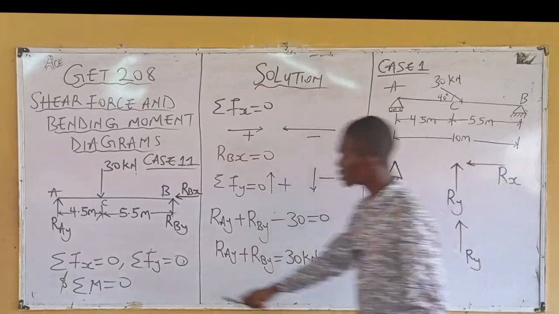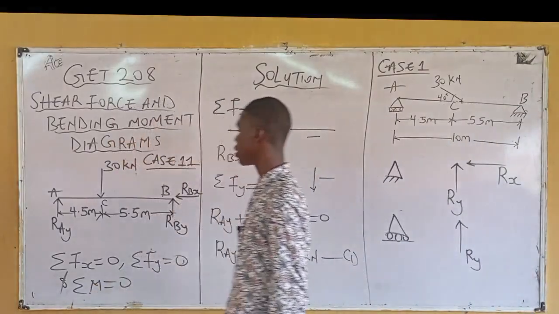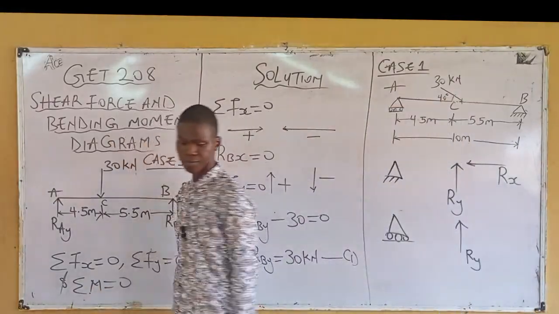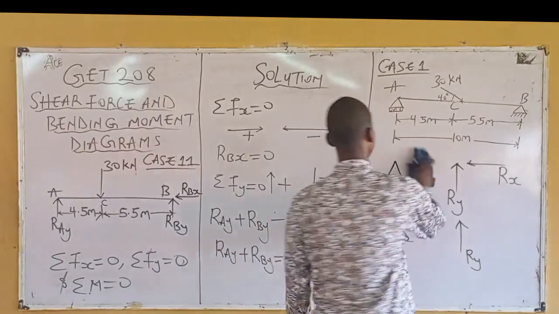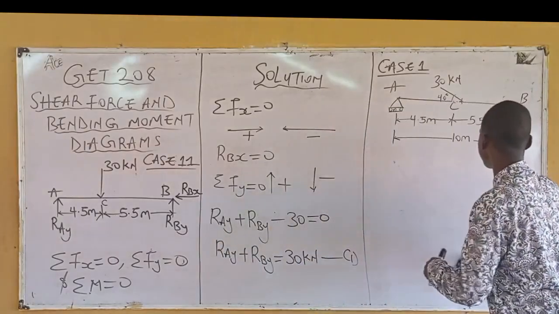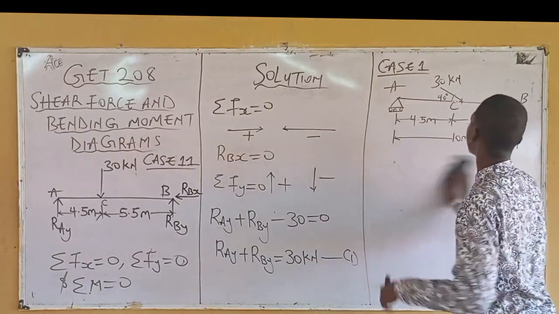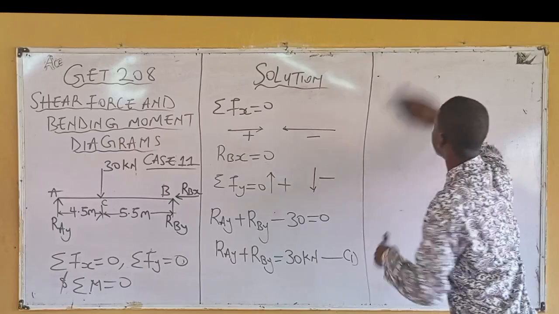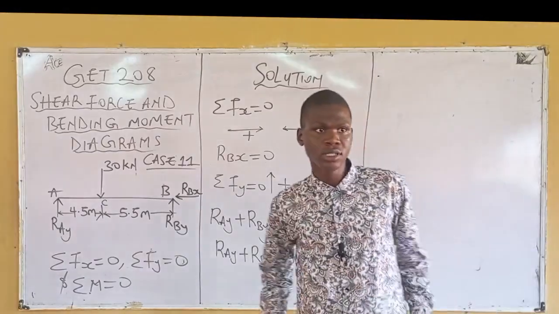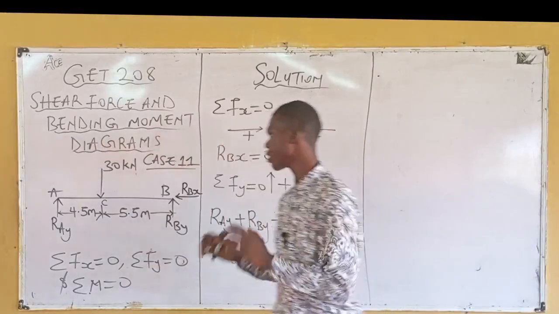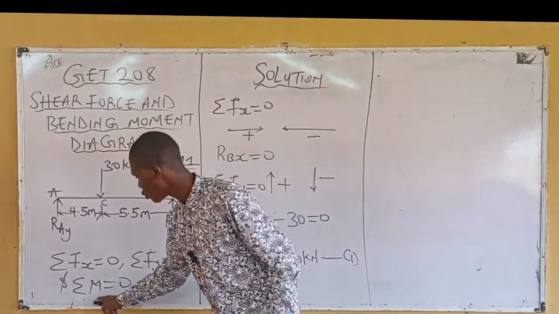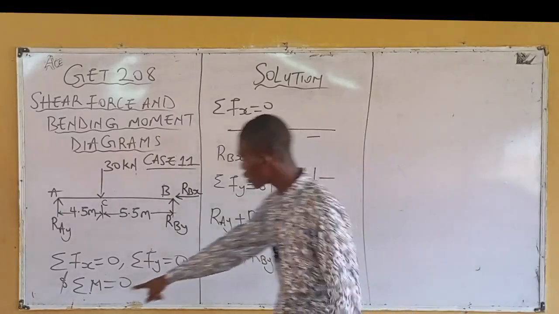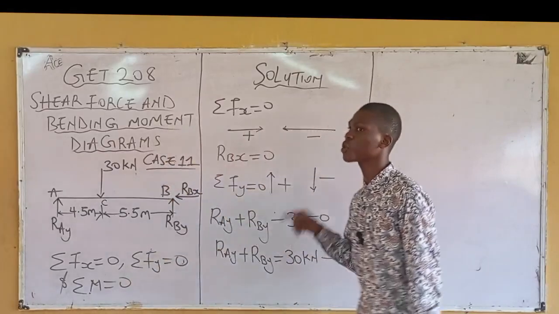Next up, let's consider the third equation of equilibrium. It says summation of moment about any point equals 0.